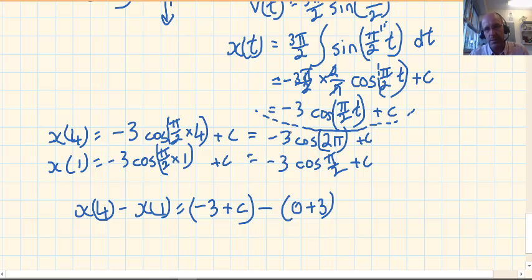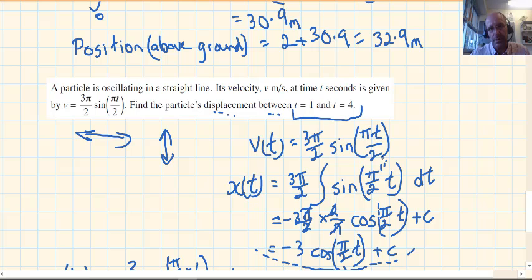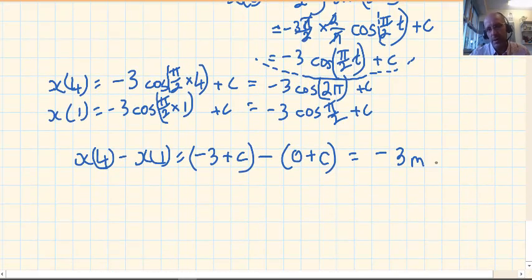Sorry, it should be a c. That comes out as negative 3 meters. So that means the displacement has moved in the negative direction. You have to determine one of these directions as positive, and that depends on the problem. It's gone in the opposite direction to whatever the positive direction is. So negative 3 meters is its displacement.